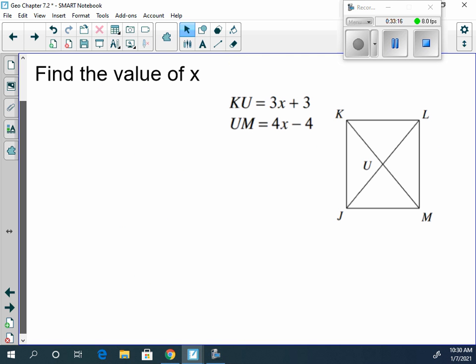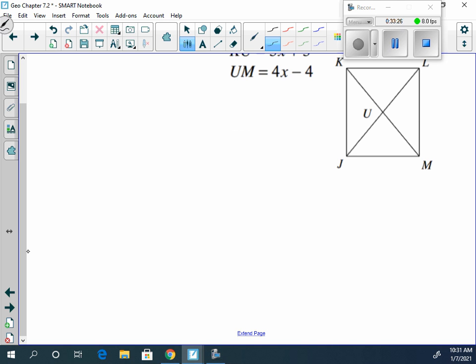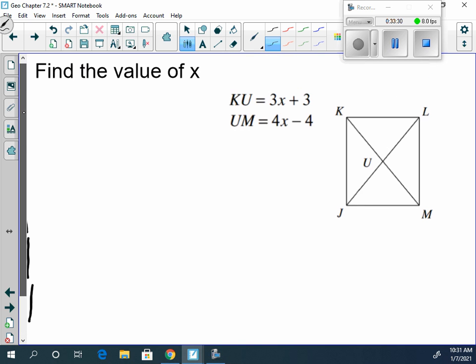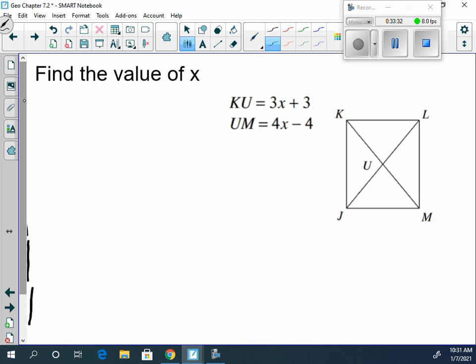So this one here is just find the value of x. Now we're doing the exact same thing, except instead of giving us a number and an equation, it gave us 2 equations. So let's see what equations it gave us. So KU is 3x plus 3. So this length here is 3x plus 3. And we're told UM is 4x minus 4. Well, wait a minute. Those two sections are what?